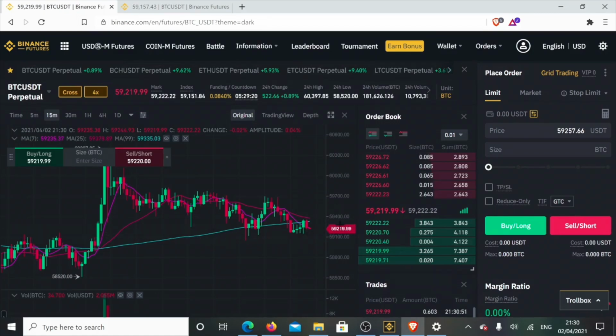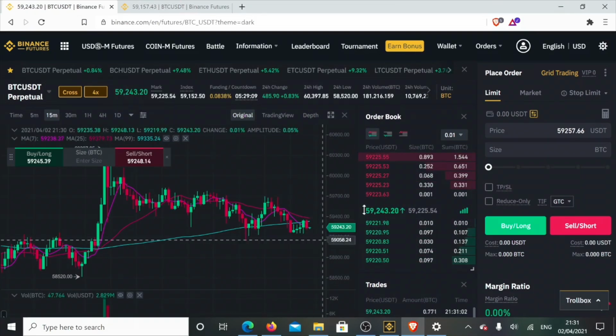After your analysis, you think the price is going to go down. You can actually sell this Bitcoin without having it. Okay, I will still get into that when I'm analyzing or telling you how to make trades. So just calm down, everything one step at a time. Okay, that is the difference between the spot account and also the futures account.